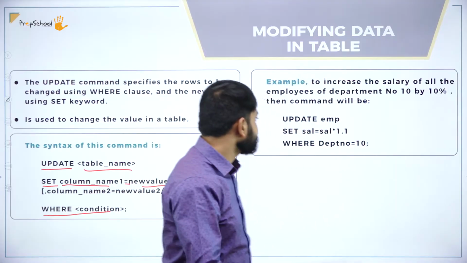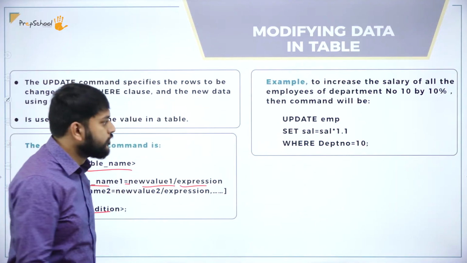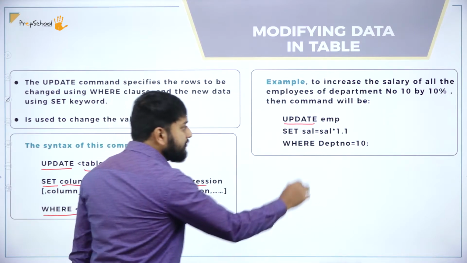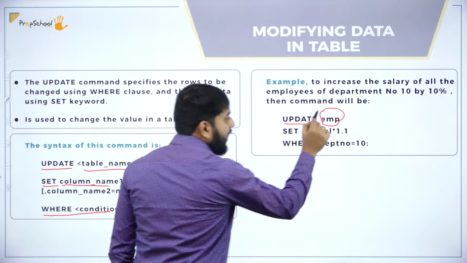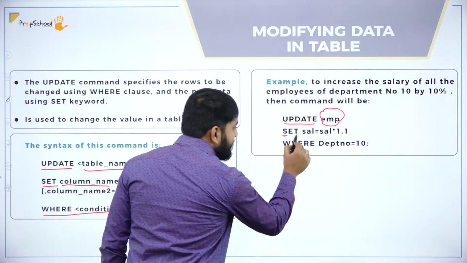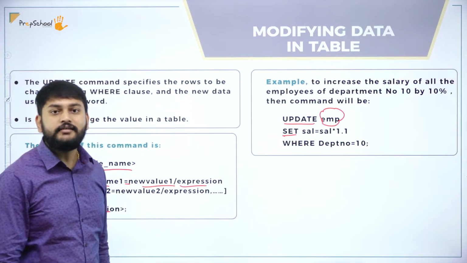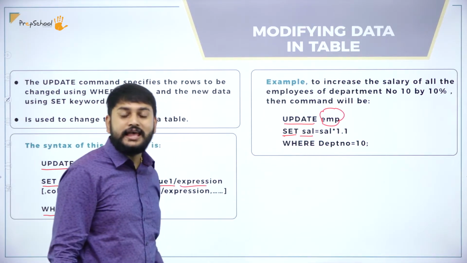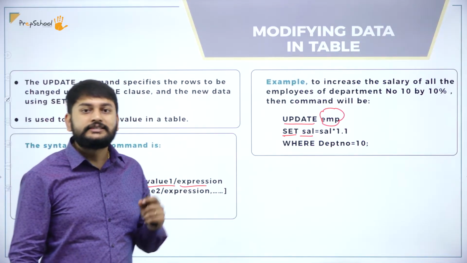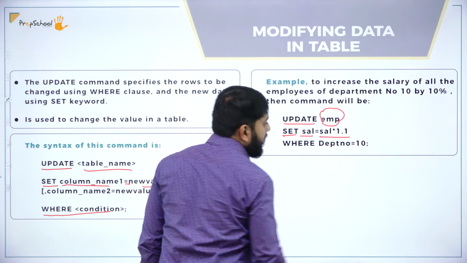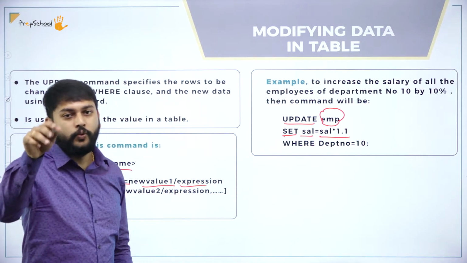So guys, I have an example for all of you. Please observe here. I'm using a keyword called update. EMP is the table name that I have. Then set is a keyword. And SAL is a column name. This is the expression that I have, salary into 1.1.